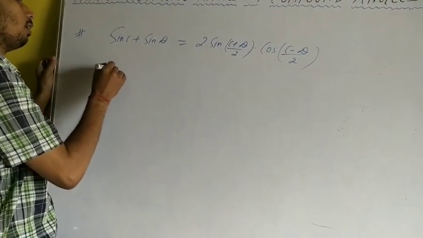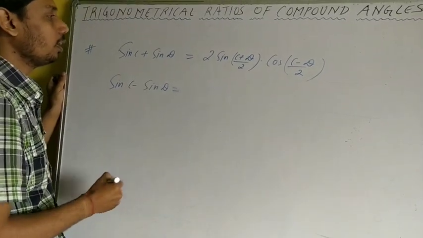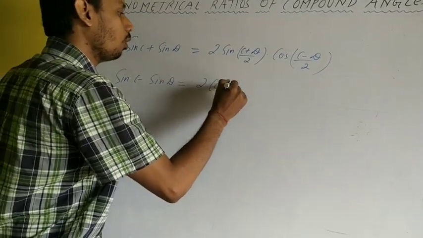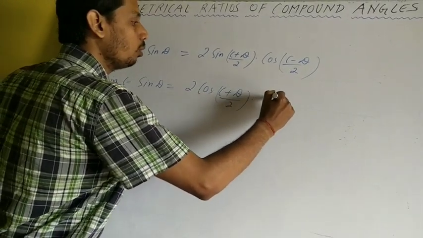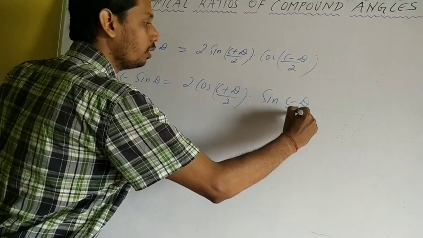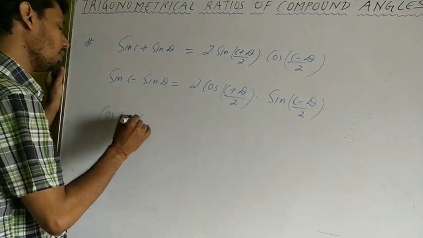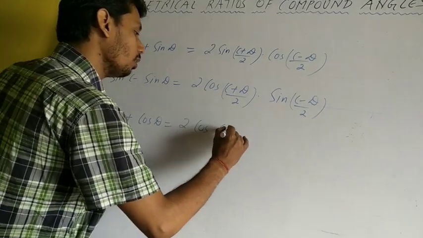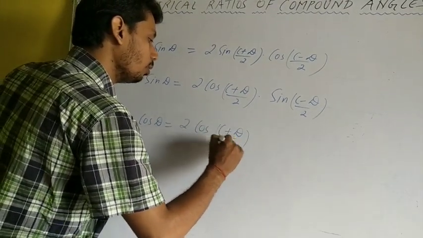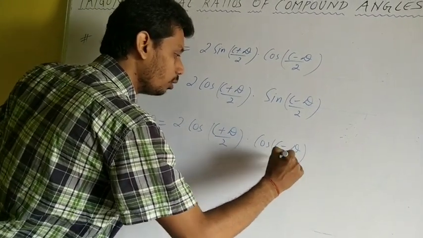Sin C minus sin D is twice cos (C plus D) by 2 into sin (C minus D) by 2. Cos C plus cos D is twice cos (C plus D) by 2 into cos (C minus D) by 2.